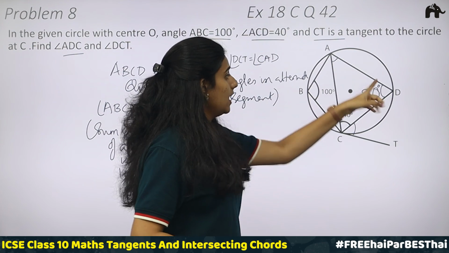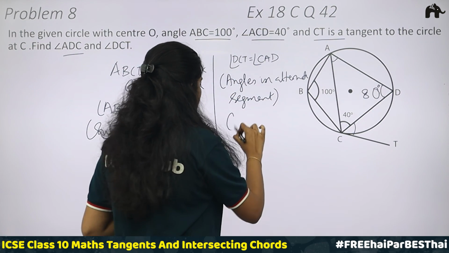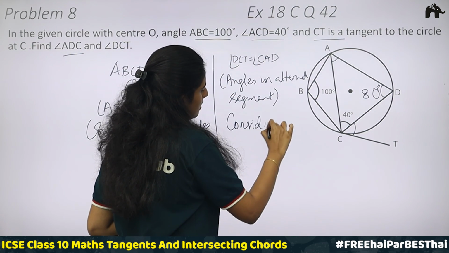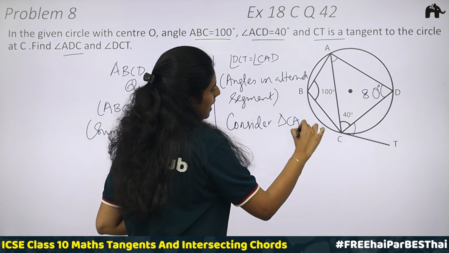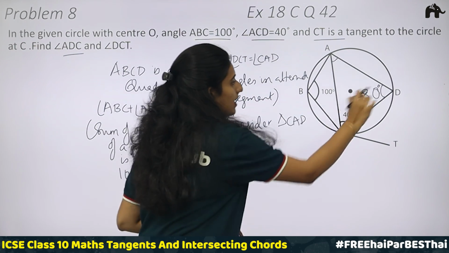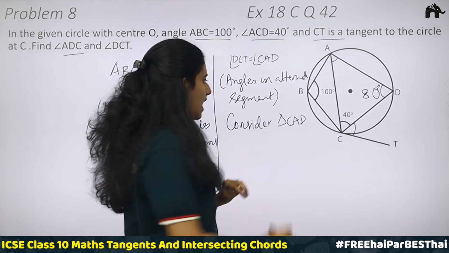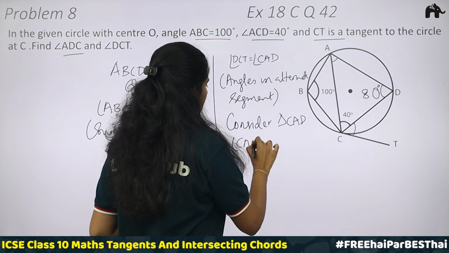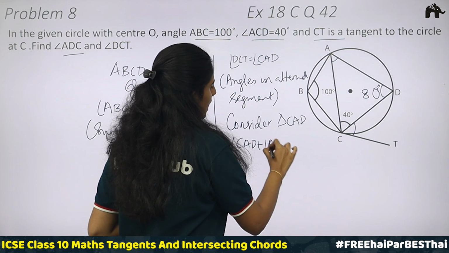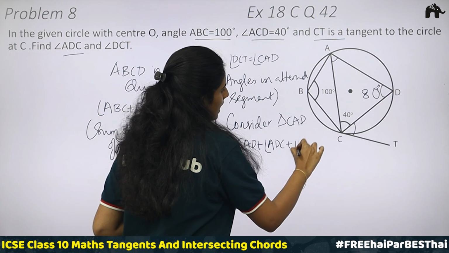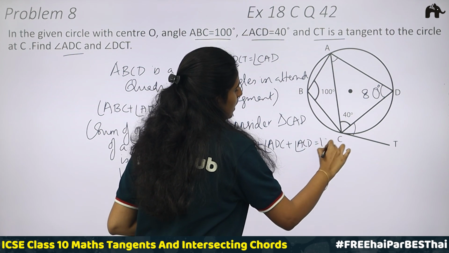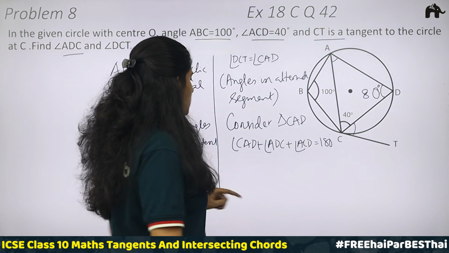How to find CAD now? Consider triangle CAD. Two angles we know, then we can find the third angle. Angle CAD plus angle ADC plus angle ACD will be equal to 180 degrees. Put the values.